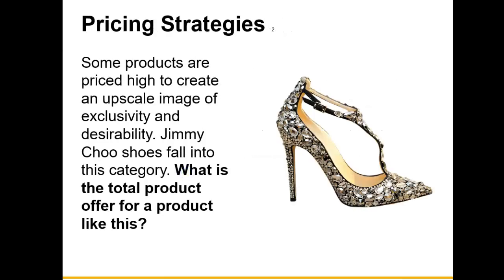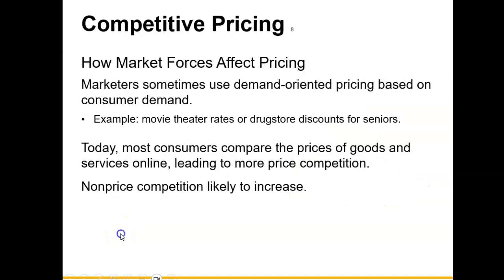Some products are priced high to create an upscale image, such as Jimmy Choo shoes. These types of shoes come at a high price tag. All right. So it said, what is the total product offer for a product like this? Competitive pricing. Marketers sometimes use demand-oriented pricing based on consumer demand.